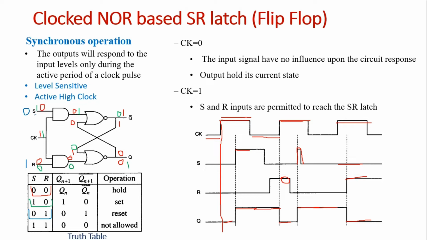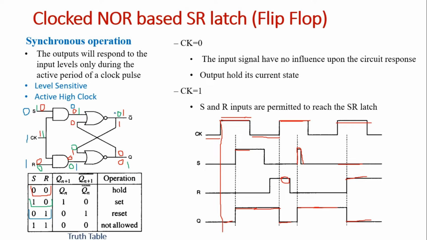Now we have S equal to 0, R equal to 1, clock is again 1, so we have 1 over here, and 0 AND operation with 1 will result in 0, 1 AND operation with 1 will result in 1, and let's say here we have the 1, okay, which is a previous operation, and here we have a 0 again which is from the previous operation.